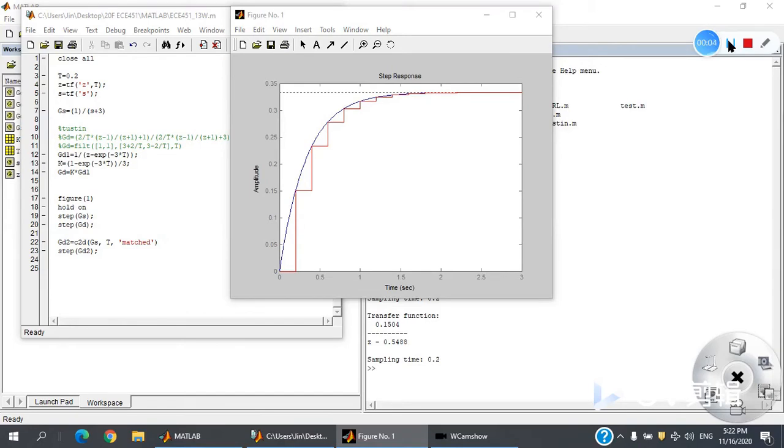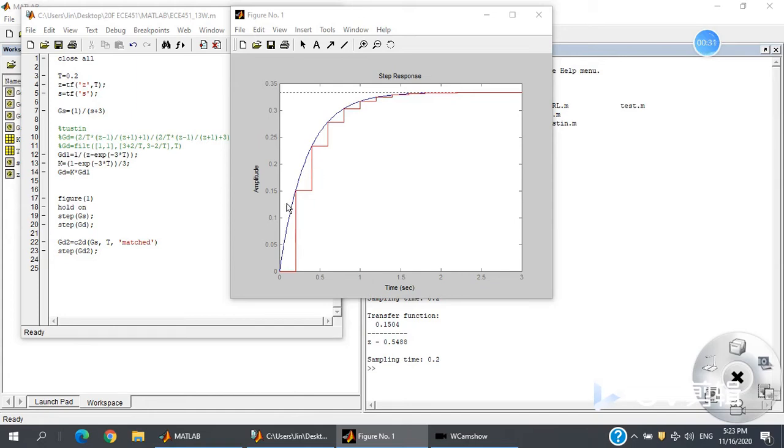Okay. Yeah, something wrong, I think. Actually, in MATLAB, this function uses a modified matched method. So here, if we just look at this graph, we have the blue one. This is the continuous one, right? The red one, this is a discrete time one.